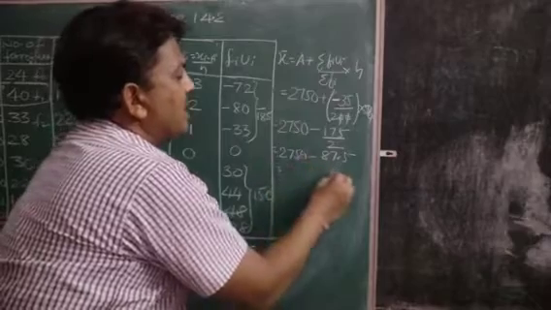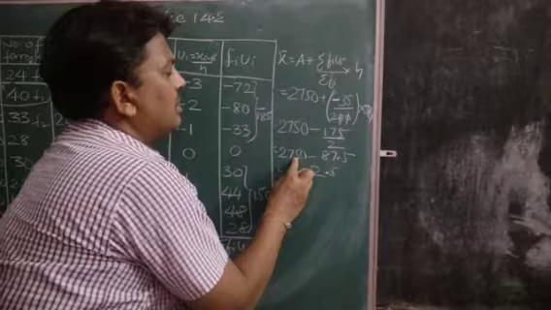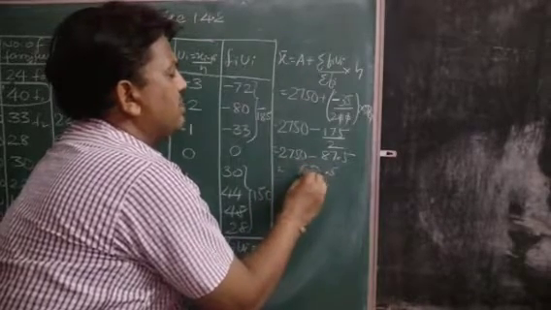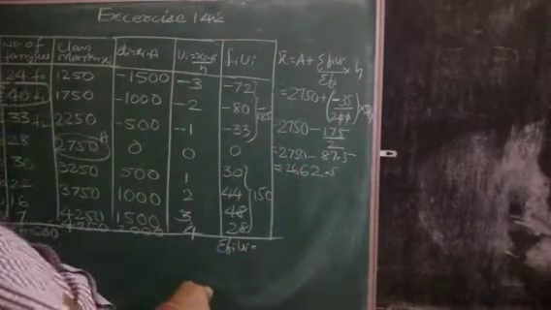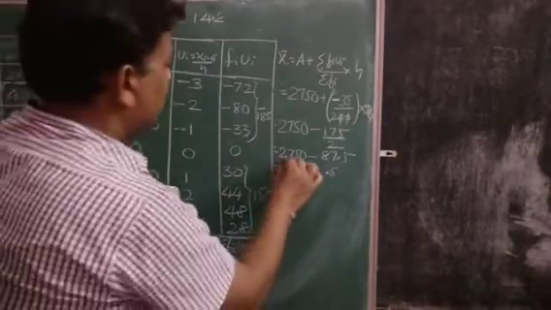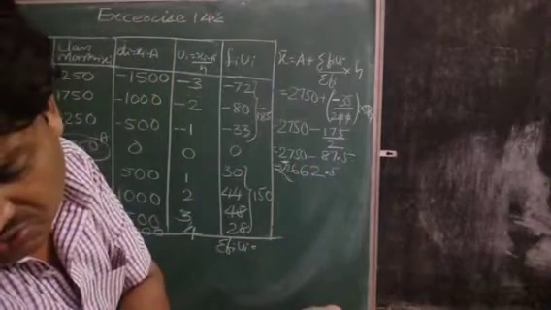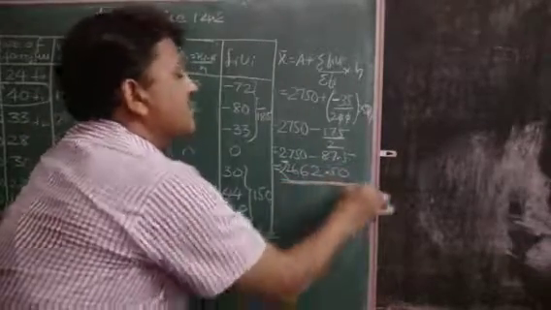So if you subtract, children, 2662.50. This is what is given in rupees. So here also rupees. 2662.50. That is the right answer, children.